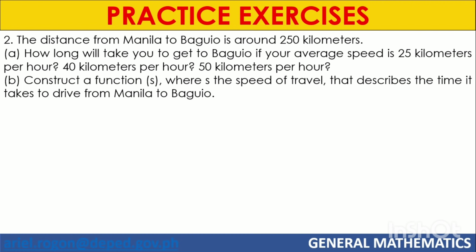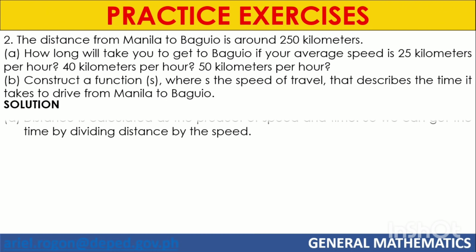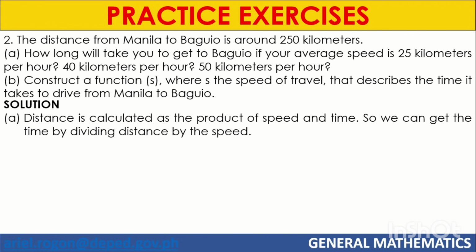Now, kung tumatakbo yung sasakyan mo ng average speed of 25 kilometers per hour, no? We need to find the time, let's say nag-van kayo, tingnan natin. Okay. Distance is calculated as the product of speed and time.